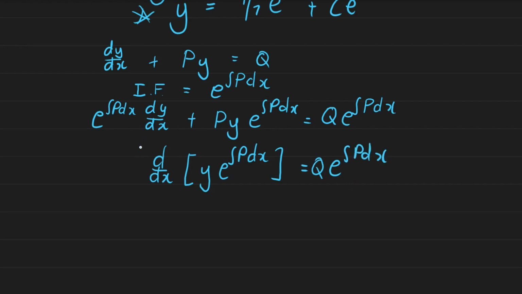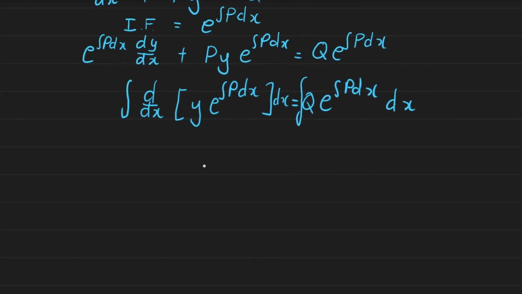So we can integrate both sides with respect to x. And if we do that, we get y times e to the integral of p dx is equal to the integral of q times e to the power integral p dx times dx.